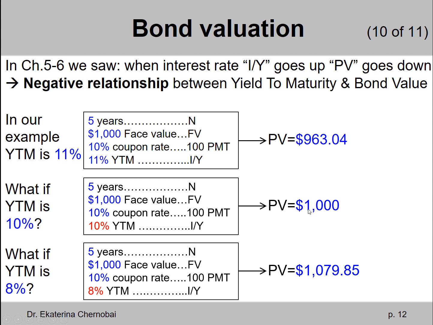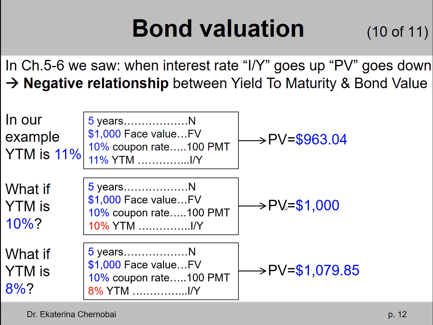Now notice how in the second example on the slide with the 10% yield to maturity, the bond value became exactly $1,000. Is it a coincidence?